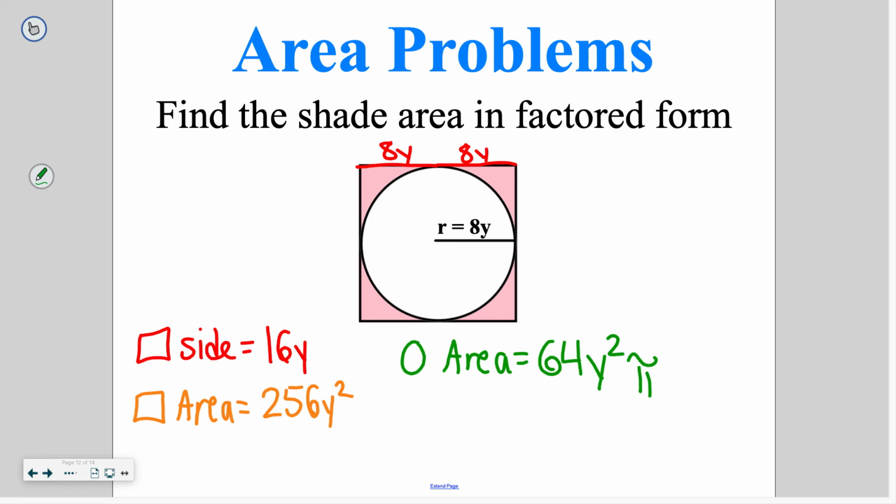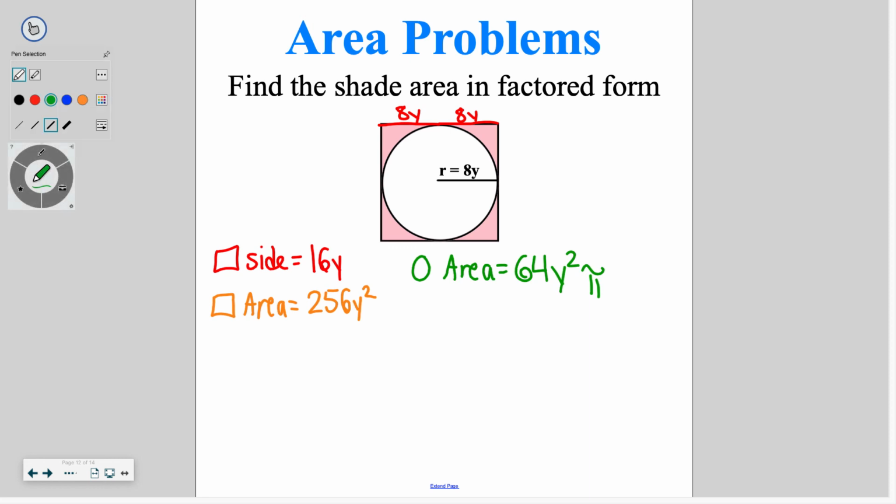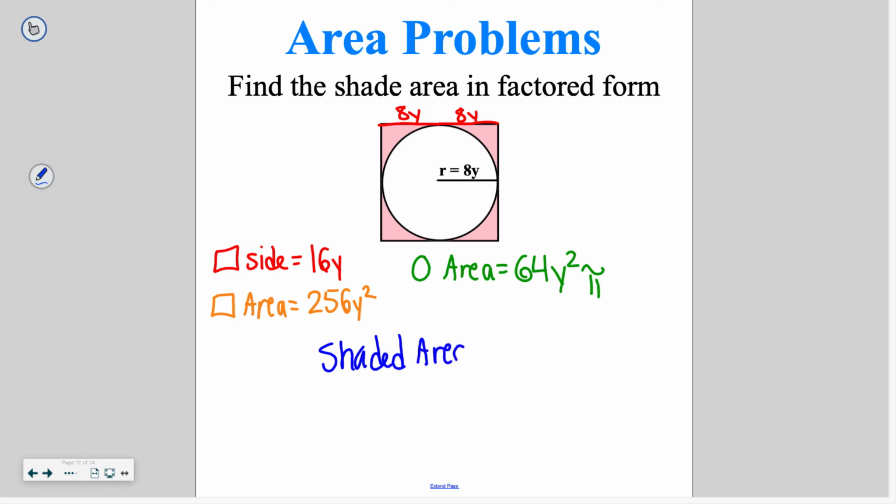Now, in order to figure out the shaded area, I'm going to go ahead and take my original area of the square, which is going to be 256 y squared, and subtract off that circular area.